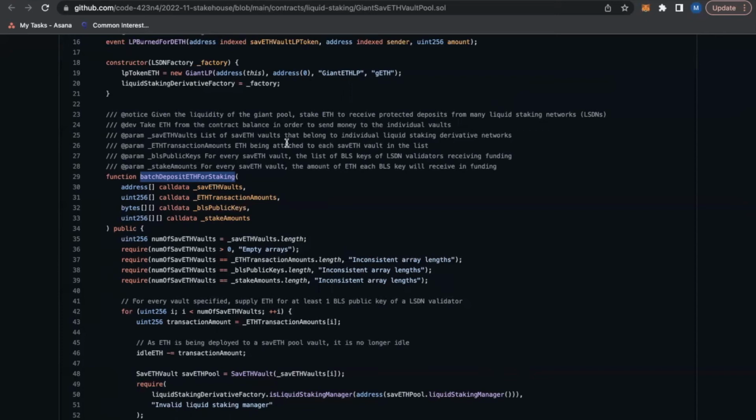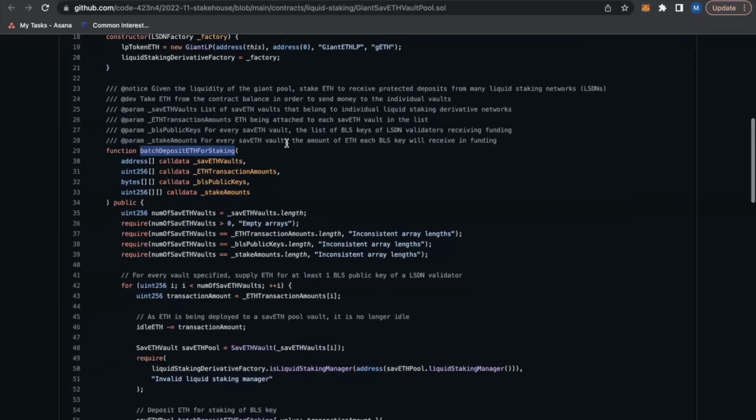You can think of it as a small account where you put in your ETH, and if it didn't get staked, at least you'll get back the same amount that you put in. So no loss. Cool.